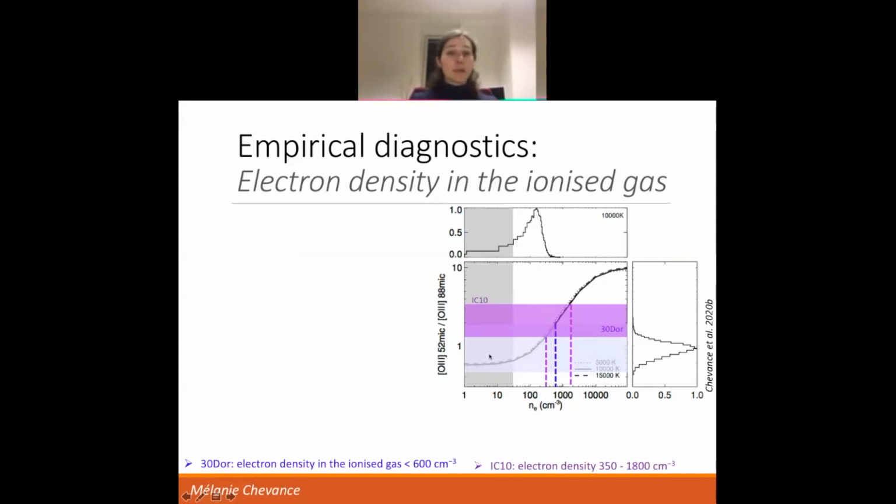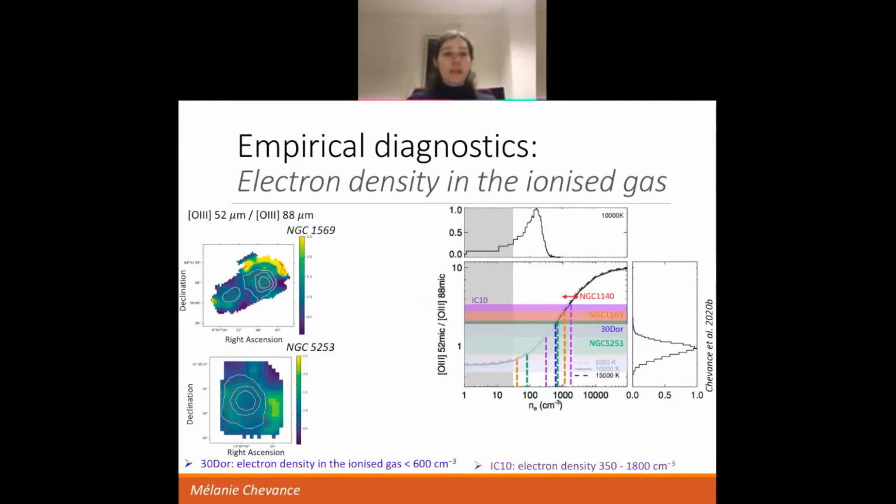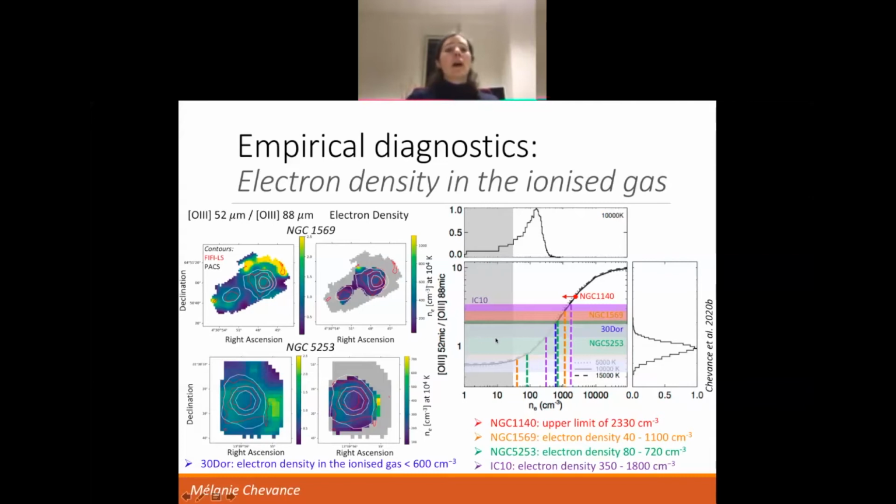We can compare that with IC10, where it's a little bit higher, between 350 and 1800 electrons per cubic centimeter. We can also do that for the other galaxies, and by combining our observations of this ratio with the theoretical prediction, we can get a map of the electron density and how it varies within the galaxy.